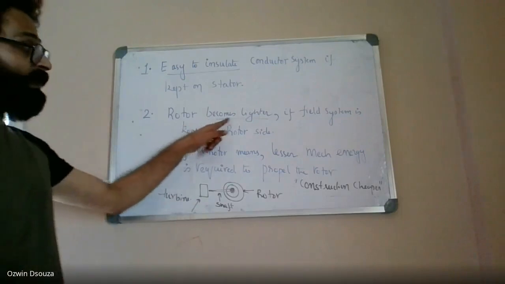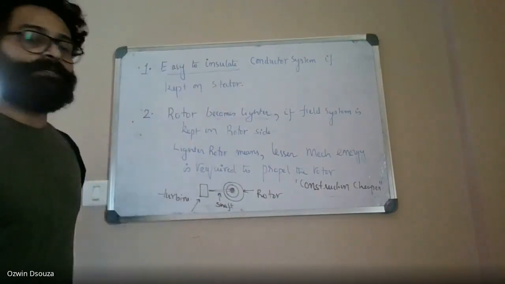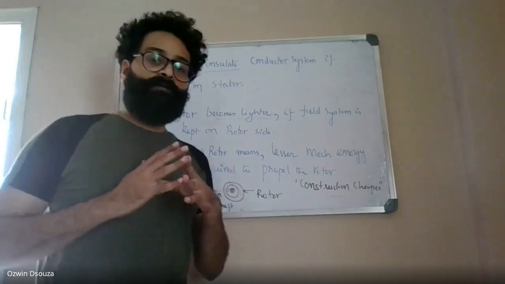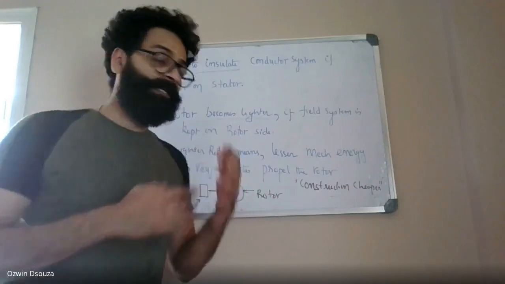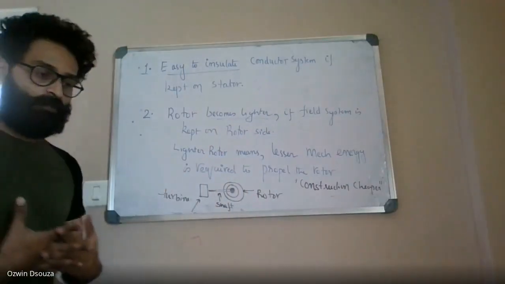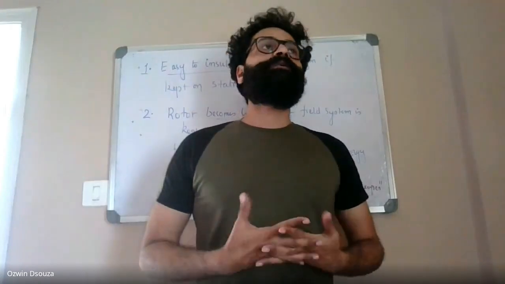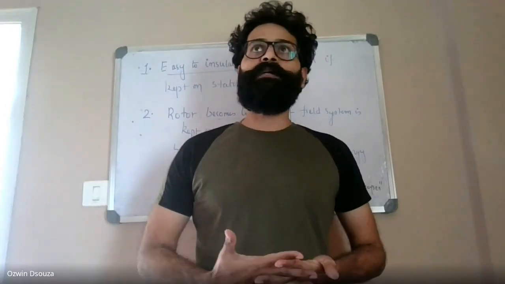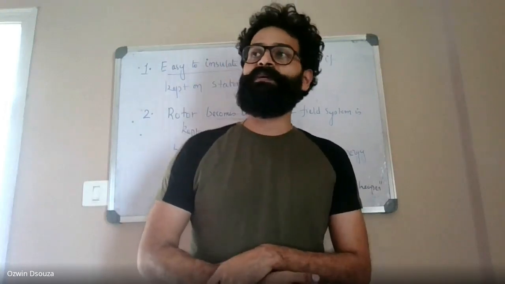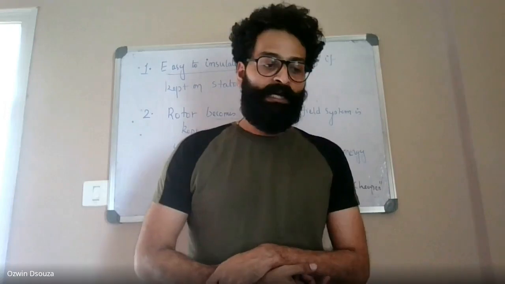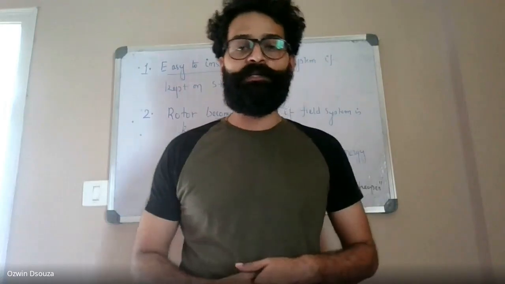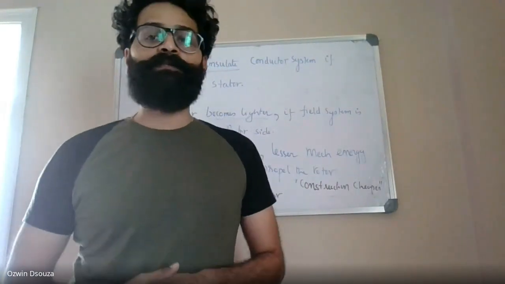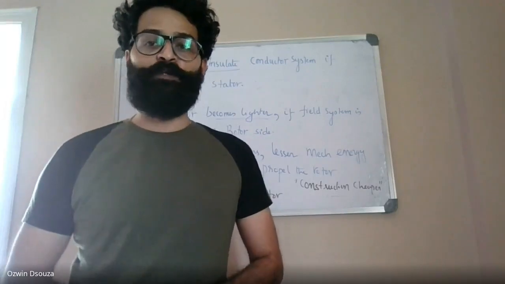And how is it possible? How to make a lighter rotor? Using point number 1. That is, if you shift all the insulation along with conductors onto the stator side, you will have a lighter rotor, because you have seen that the stator current is in the order of 2000 amperes. So to protect the conductors from 2000 amps of current, you will have to use a huge amount of insulation. That insulation could be in the order of few tons, several hundreds of kgs of insulation you may have to use.